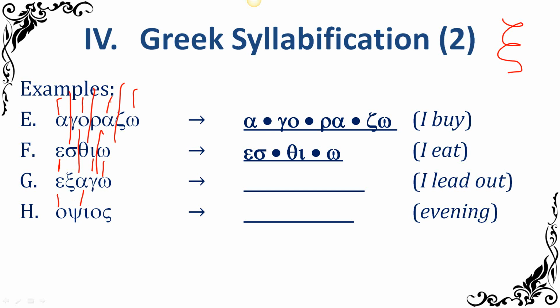And then the final vowel? Omega. Perfect. Miss Debbie, how many syllables are we going to have in this wonderful word? We're gonna have 3. Perfect. All right, so we know what the vowels are. We know how many syllables there are. Now we just need to figure out which consonant goes with which syllable.